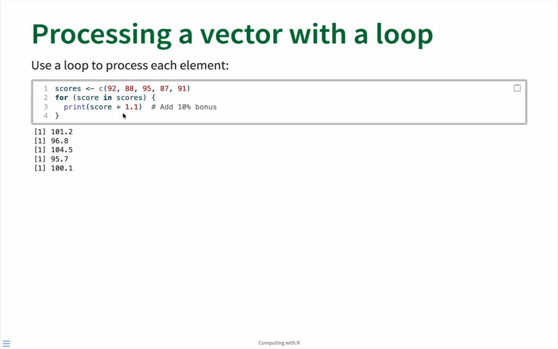Then our code is going to multiply whatever score is by 1.1, which effectively adds 10%, and then prints out that value. So you can see in the first iteration, score is set to be 92. We multiply that by 1.1 to get 101.2, and so forth for the remaining 4 loops.